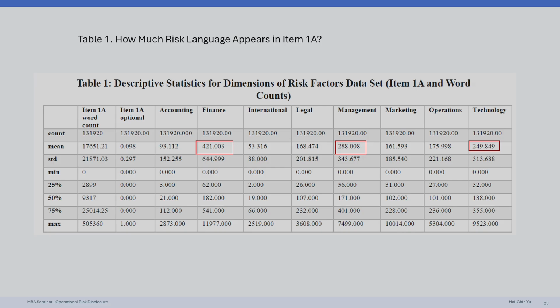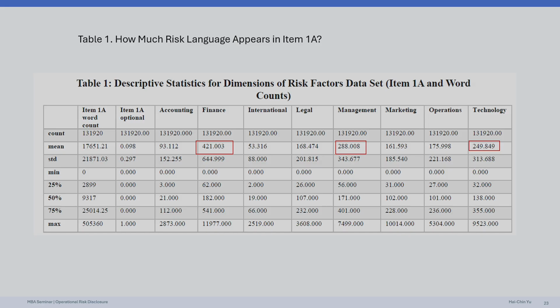So how much risk language appears in 10K? I just mentioned the total words, 1,330,000 words in total.